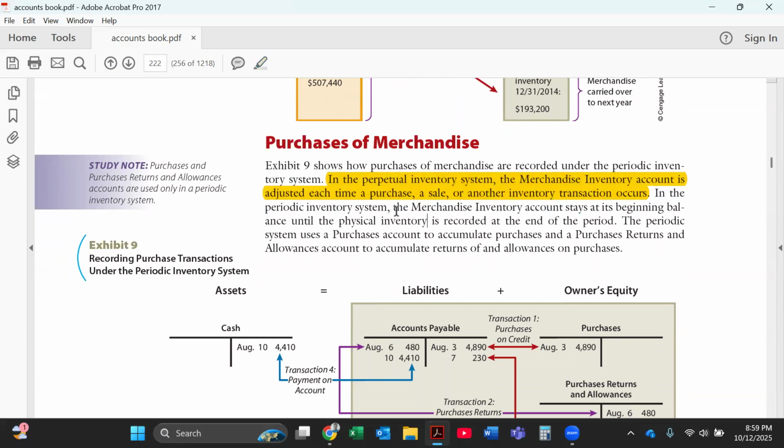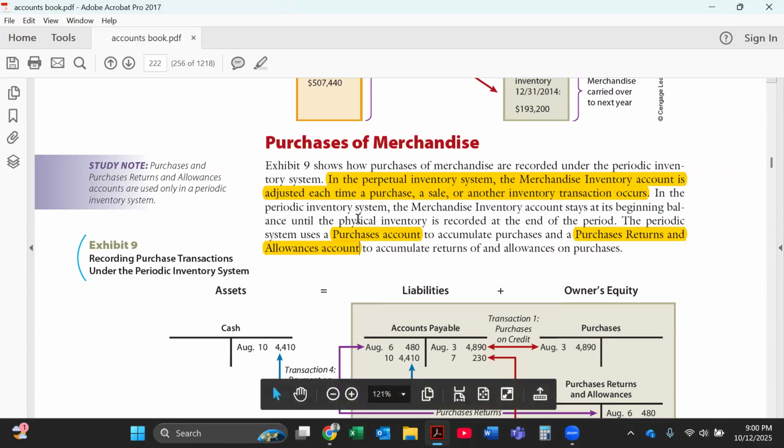In the periodic system, the merchandise inventory account stays as its beginning balance until physical inventory is recorded at the end of the month, at the end of the period, usually a month or a year. The periodic system uses a purchases account to accumulate purchases and a purchases return and allowance account to accumulate returns and allowances. So these are the only two types of transactions that happen with purchases of merchandise, just like with perpetual. I buy inventory, I return inventory, I pay off inventory. Those are your three things that are happening.